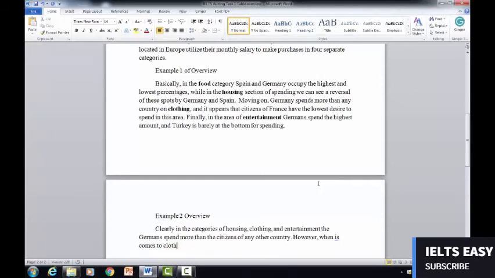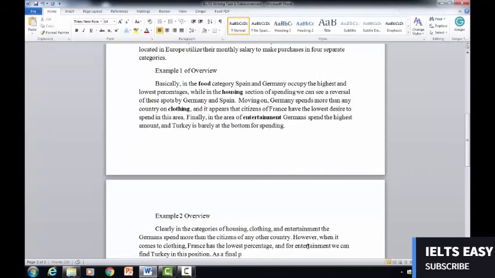France has the lowest percentage, and for entertainment, we can find Turkey in this position.